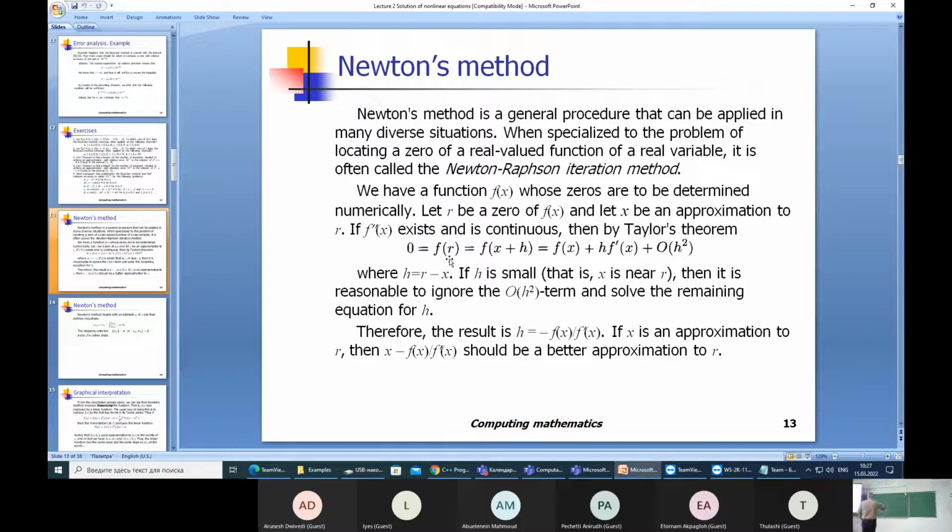And next, it equals f of x plus h, because I write that R equals x plus h.